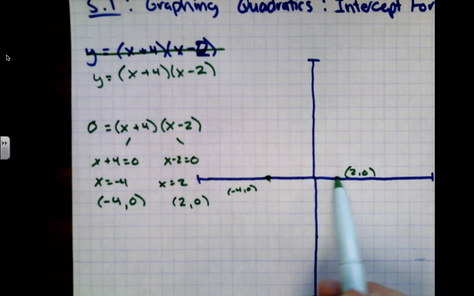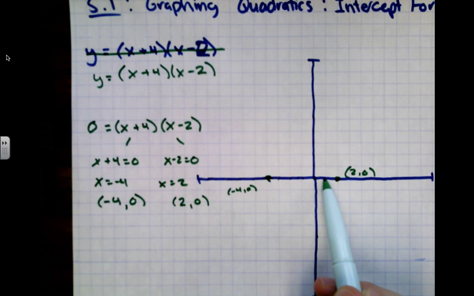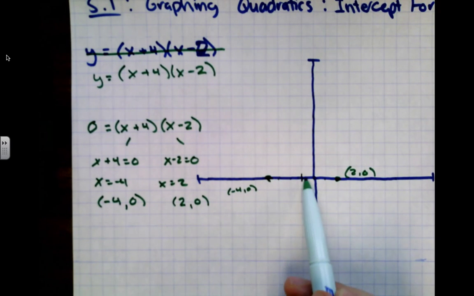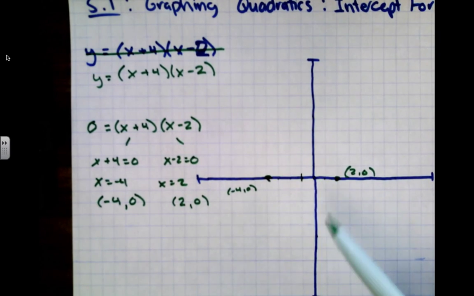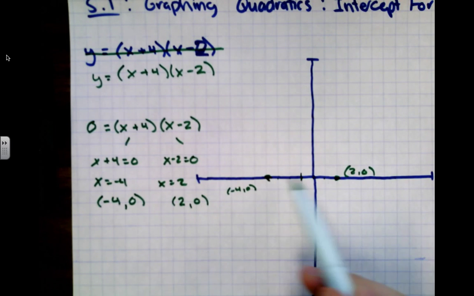Between these 2 points, there are 6 x values, 1, 2, 3, 4, 5, 6, so my vertex should be located directly in the middle, which would be 3 away. So my vertex should have an x value of negative 1. Whether it ends up being up here or down here, that doesn't matter, but it should be directly in the middle of these 2 points.